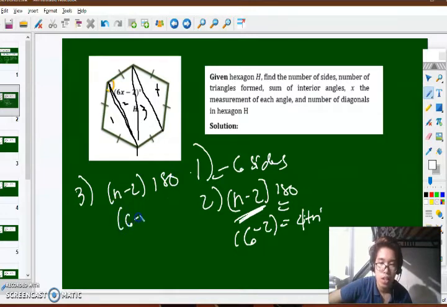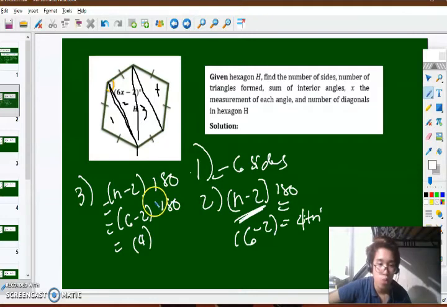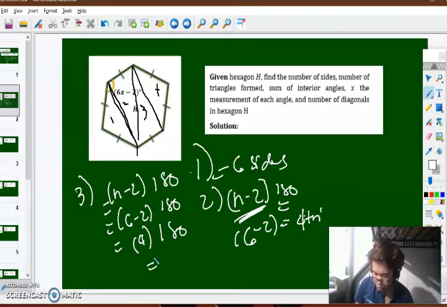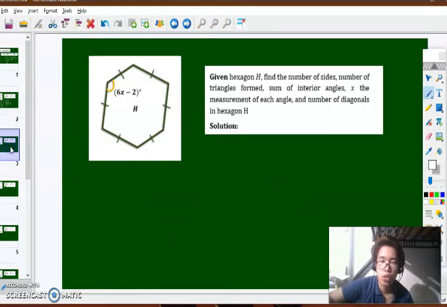That's 6 minus 2 times 180. 6 minus 2 is 4, times 180. 180 times 4 is 720. So this hexagon has a sum of interior angles of 720 degrees. Let's move forward to the fourth question.